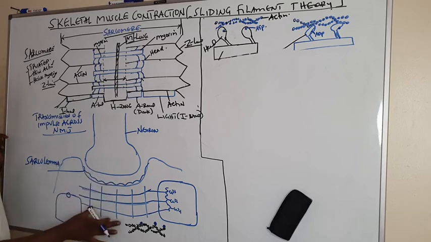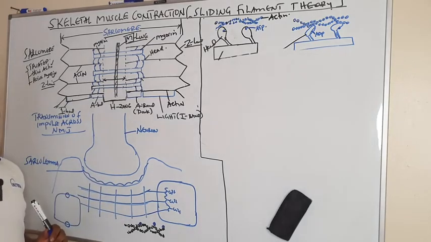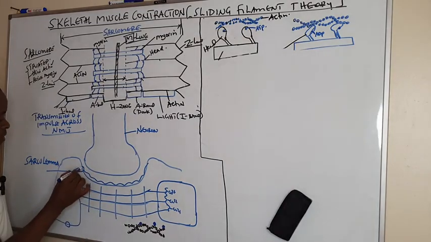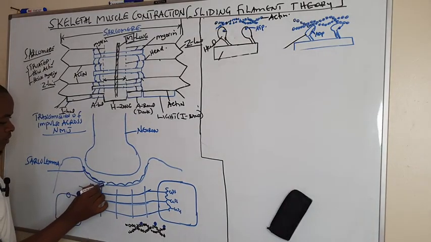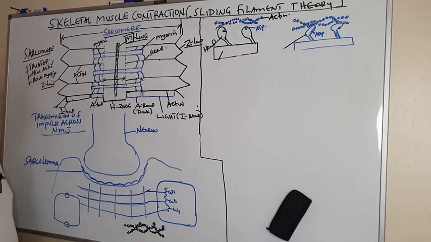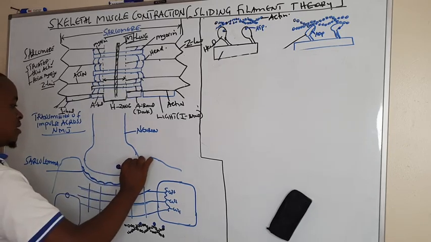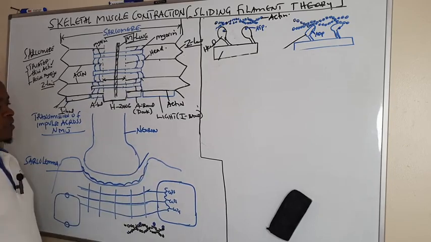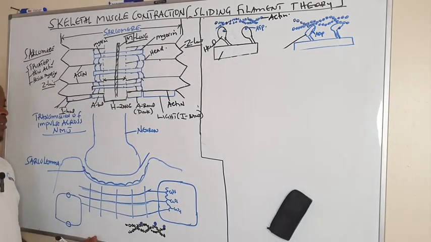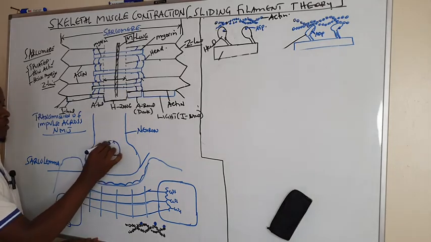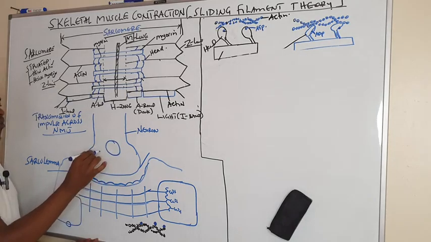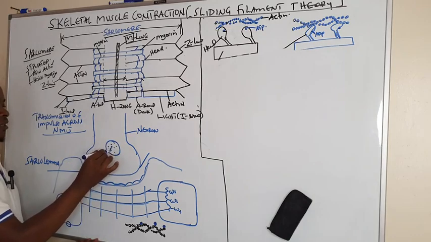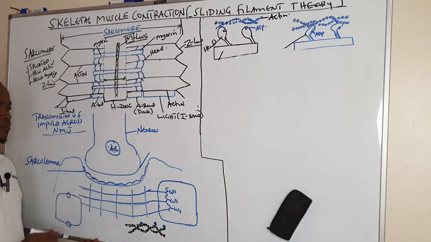Then the sarcomeres are within the muscle membrane. So this membrane is known as the sarcolemma. Then this is the membrane of the neuron, and this neuron contains the synaptic vesicle with neurotransmitter acetylcholine.